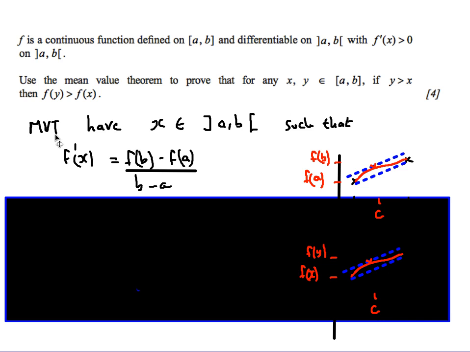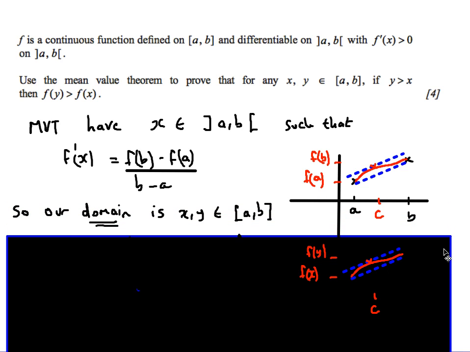The first thing to say is, what is the mean value theorem? It's basically this thing here: f dash of c is equal to f of b, take away f of a, over b minus a. Maybe this kind of graph helps a little bit.